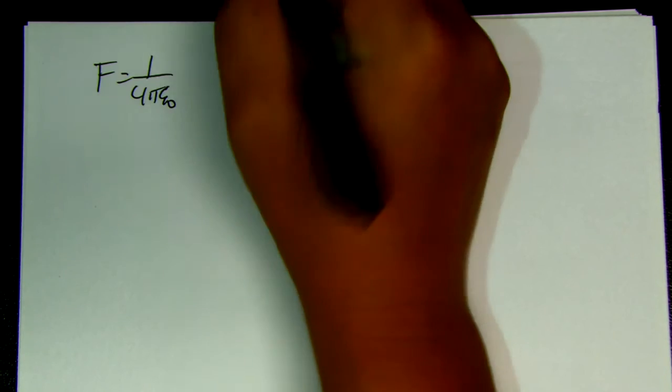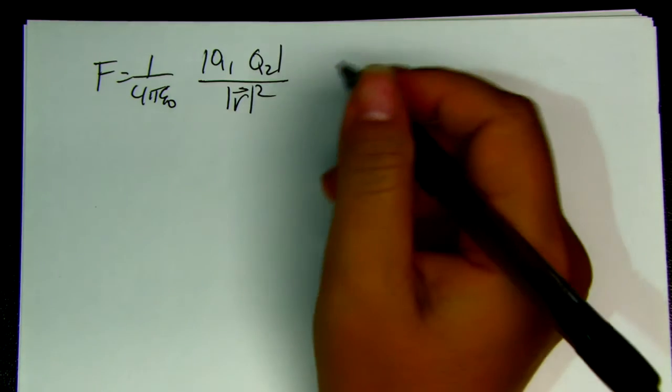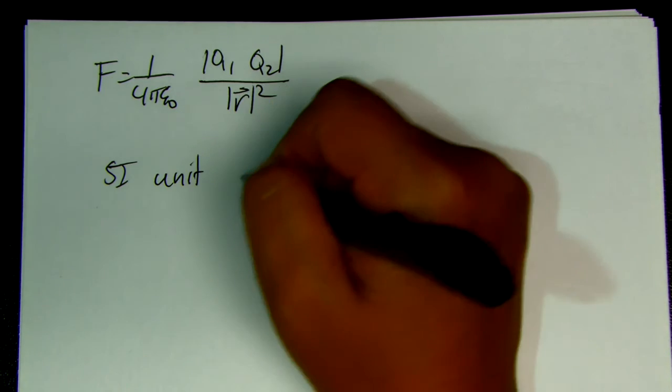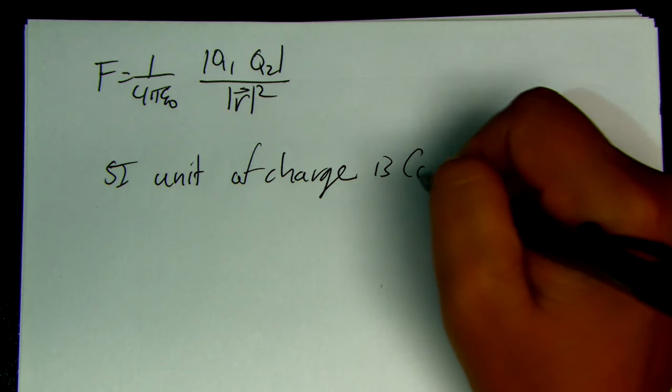All right, so let's look at the units and constants of Coulomb's law. So the SI unit of charge is the Coulomb.